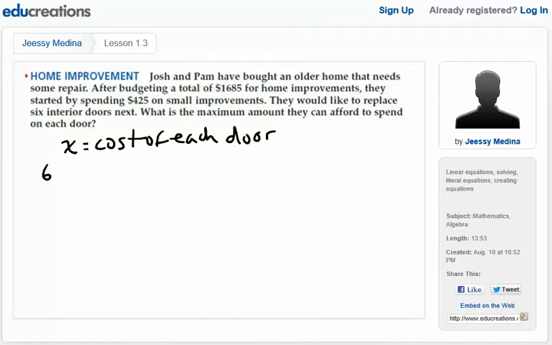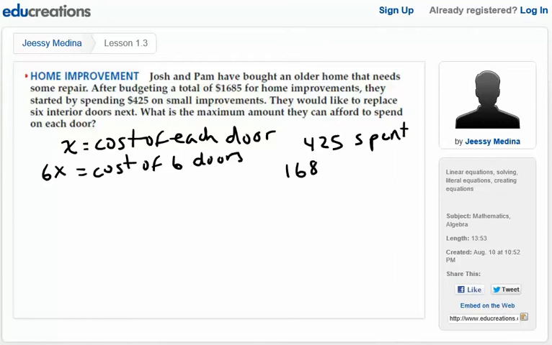So 6x would be the cost of 6 doors, right? Because when we multiply by 6, we have 6 doors. We know that they have spent $425 already. And $1,685 is the budget, or the money that they have.